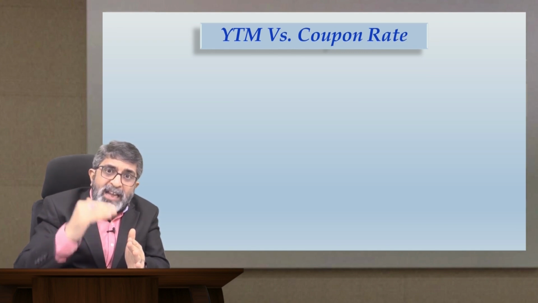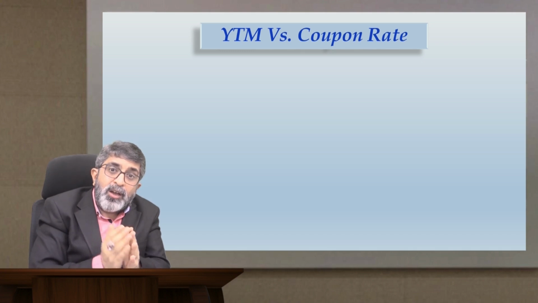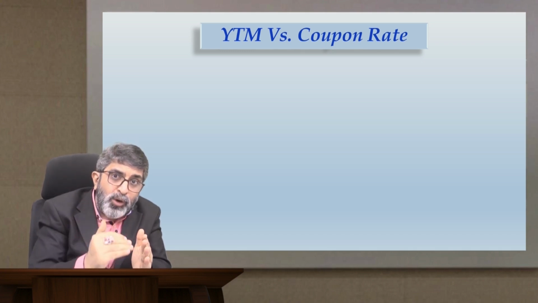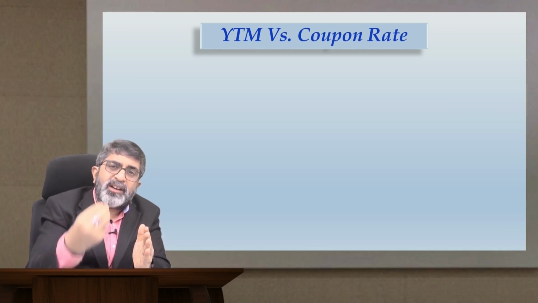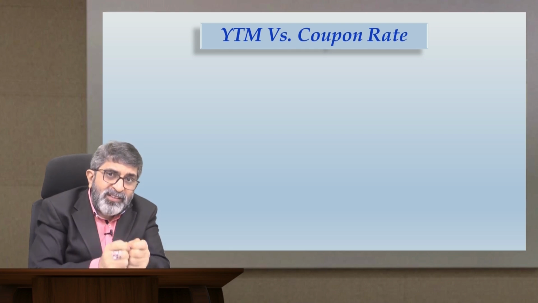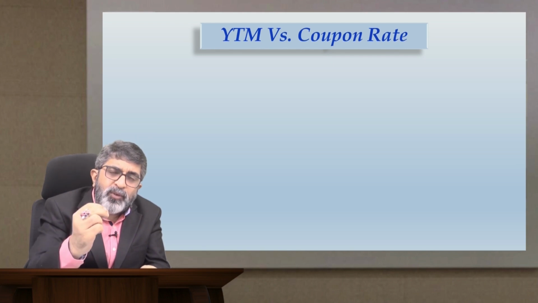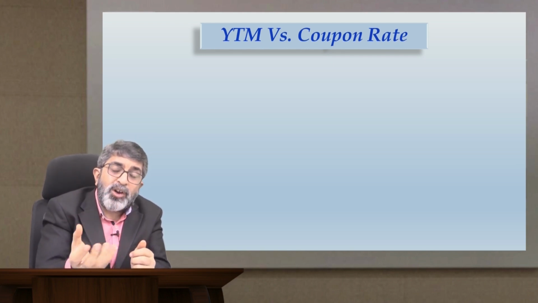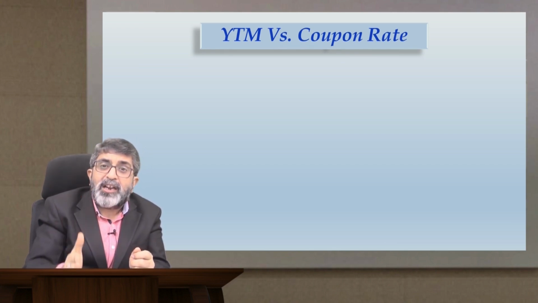If you buy the bond at its par value, then you will earn a 6% yield. What if you buy the bond at a lower price, you earn the 6% coupon, and after some number of years you receive the par value? You are investing something less than 1,000, so your rate of return will obviously be greater than 6%. That means the yield of the bond is greater than 6%, and that means YTM is greater than the coupon rate.